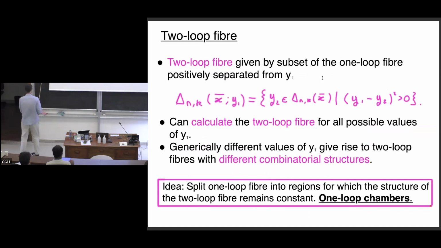So in fact, it's a subset of the one loop fiber constrained with the additional constraint that Y2 must be positively separated from Y1. And those familiar with the original definition of the amplituhedron, this corresponds to your mutual positivity condition between loop momenta.